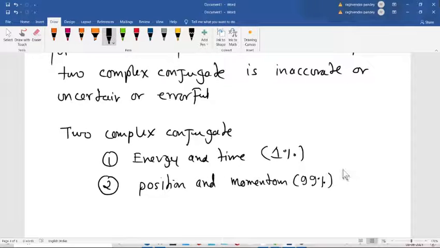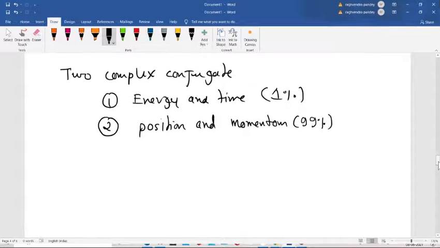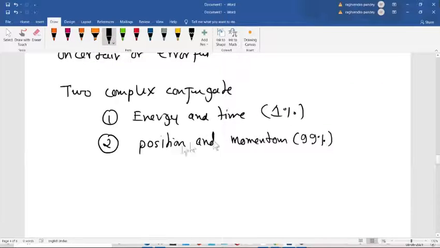But in medical exams and JEE Mains, only position and momentum you will see. Energy and time is not included in JEE Mains. It is for Advanced only. That we will study later. For NEET medical, position and momentum is there, energy and time is not there.